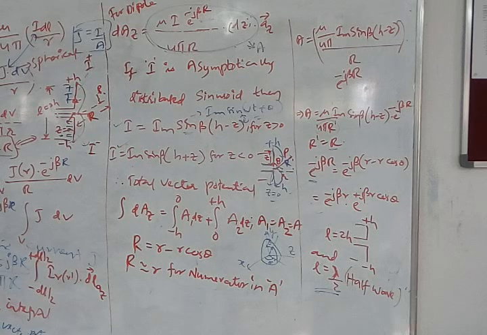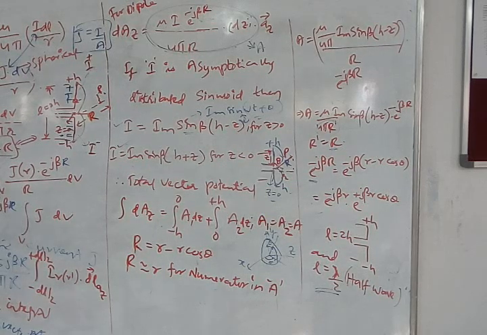Now if the current is sinusoidally distributed, then we can represent I in terms of the sine component only, along with the propagation constant, with the wave propagating along the z direction.